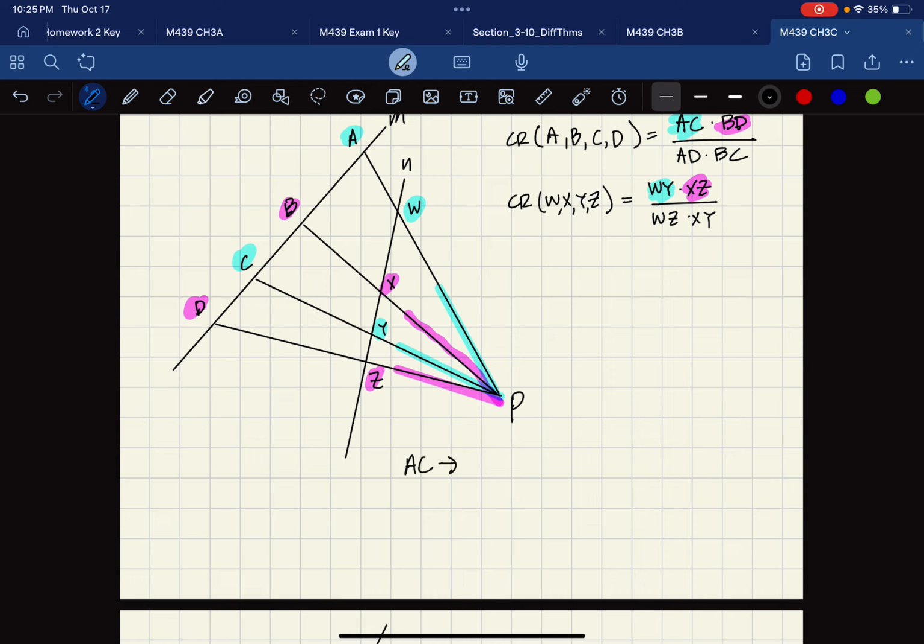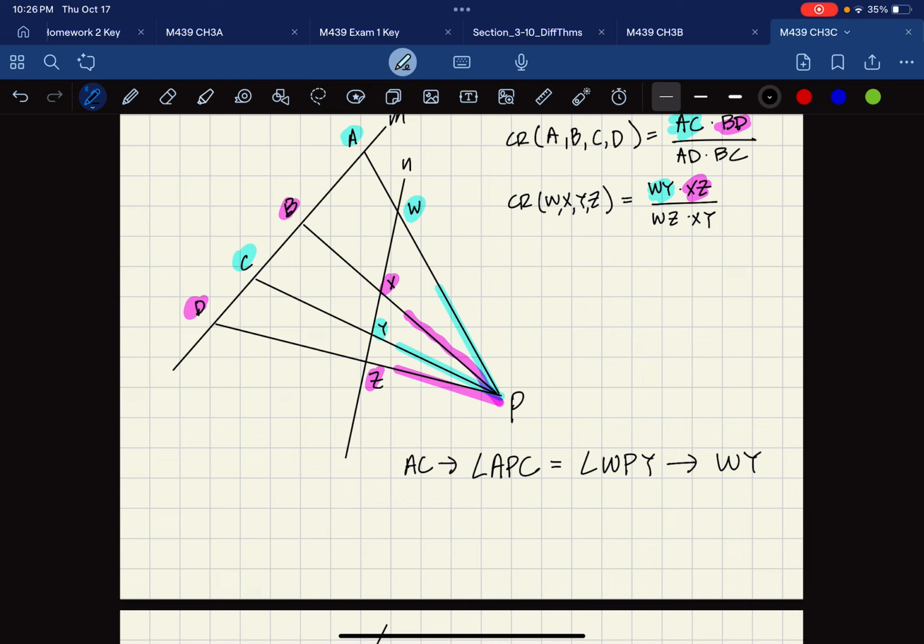AC, we can think of that segment A to C, the length of the segment, is somehow associated with the angle APC, which turns out to be equal to the angle WPY, which seems to be associated to WY, right? So that's the blue piece, right?